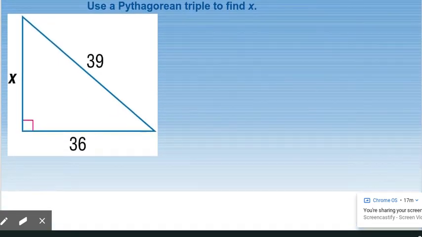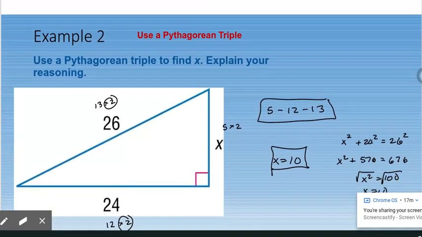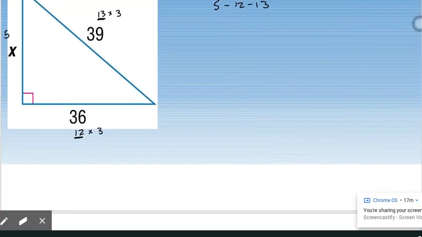So look at this one. Well, let's see. I can divide. See, this one could be 13 times 3. This one could be 12 times 3. Well, that means I'm looking at another 5, 12, 13 Pythagorean triple.